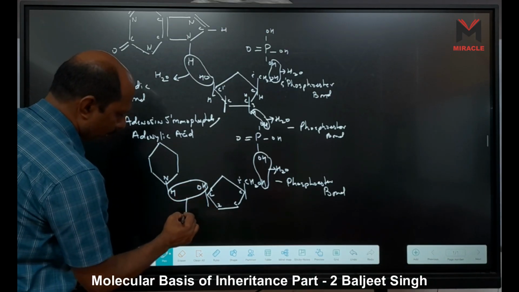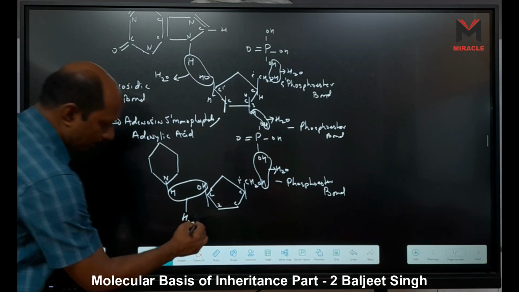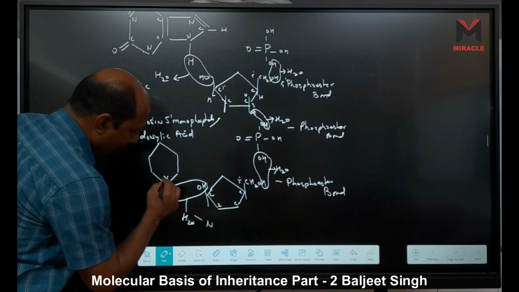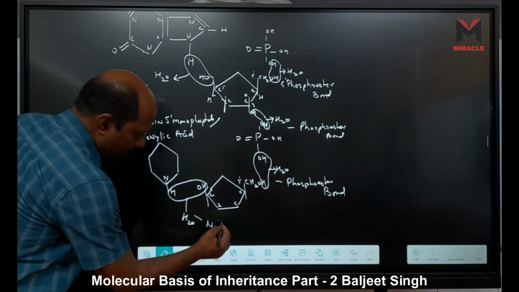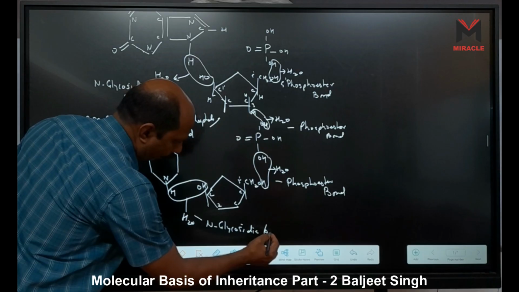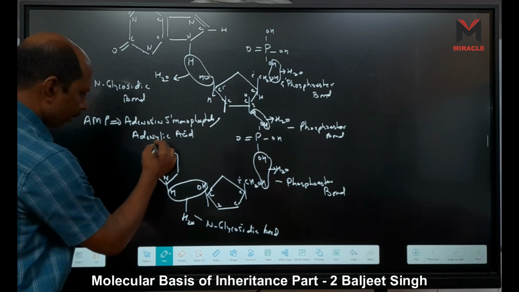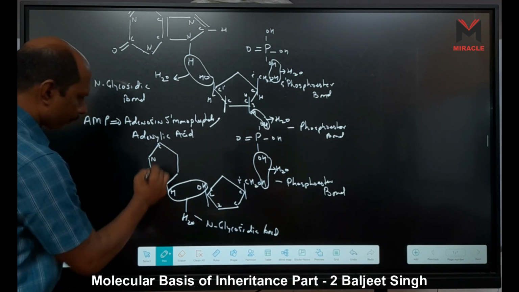This H2O is removed. And when H2O is removed, what happens? Here, this side N, this side carbon, N-glycosidic bond is formed. N-glycosidic bond is formed, right? Here this one is carbon, this one is nitrogen, right?